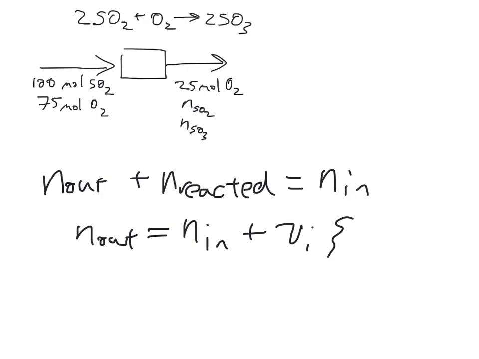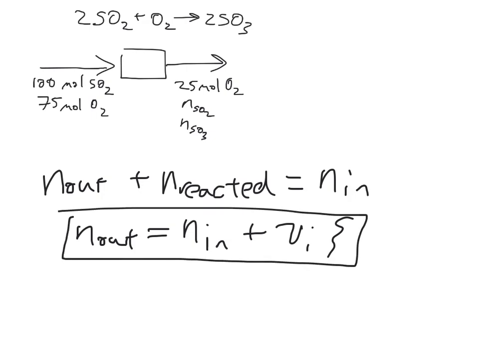It's actually the Greek letter psi, and it represents the extent. Oftentimes I'll just call this the extent rather than calling it by its Greek letter. This equation is the extent equation, and it's so important that I'm going to put a little box around it.